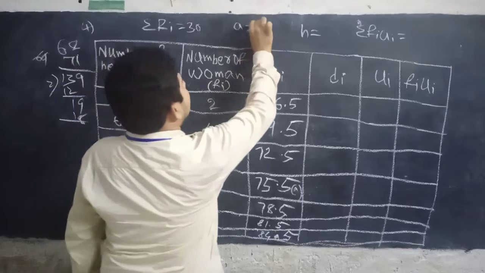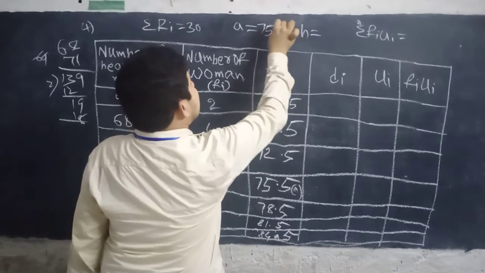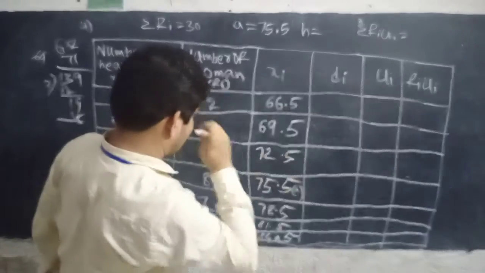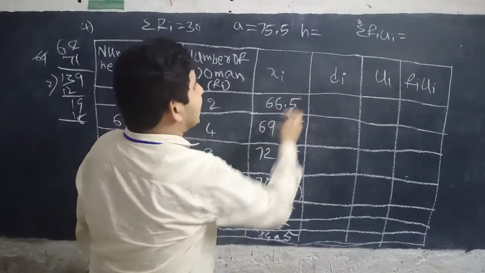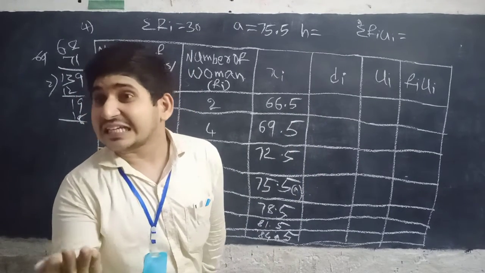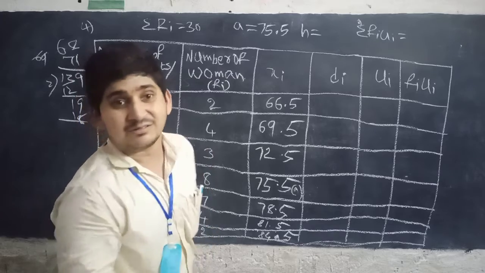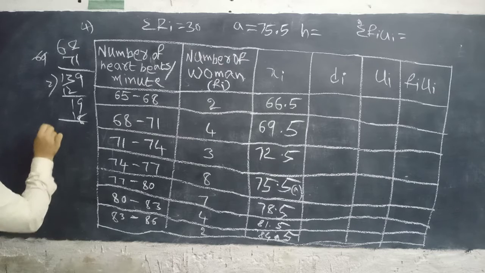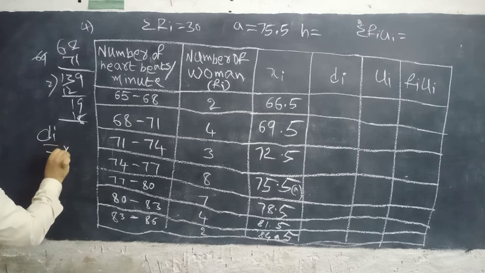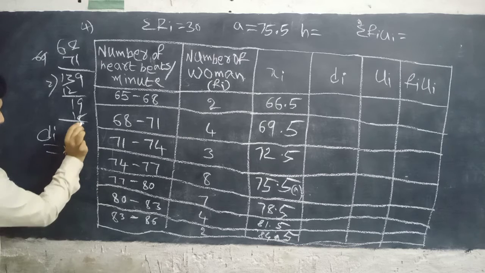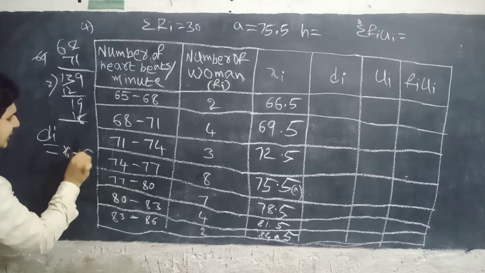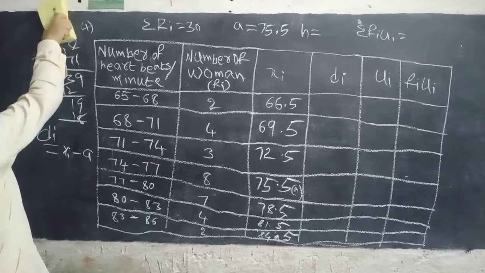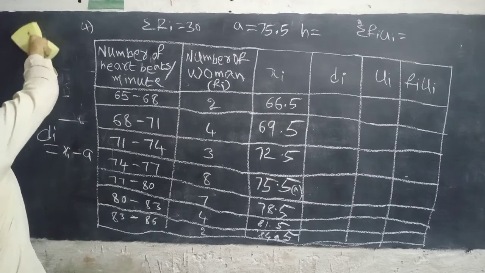So A equals 75.5. Now dA equals xi minus A. According to this formula, you have to find the corresponding dA values.